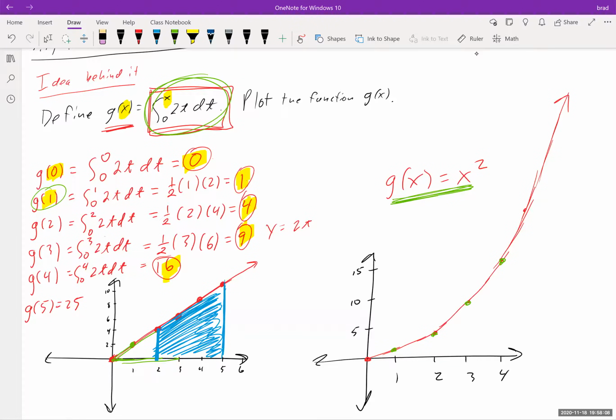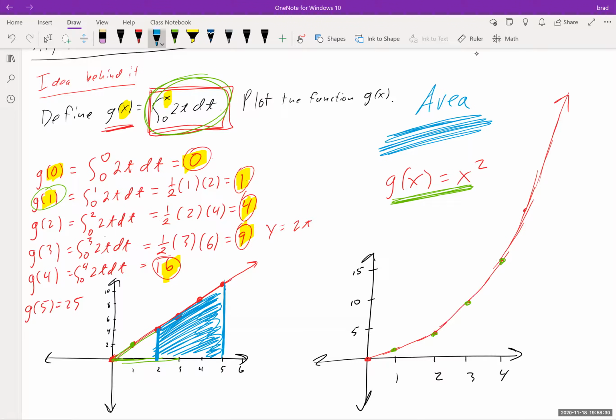And the way I would do it is I would find, now again, remember this graph, the g of x over here stands for area, right? This is a representative of areas under the curve. And we plotted a function that represents area. So that's kind of the catch, okay? And again, a function can represent whatever you want, right?